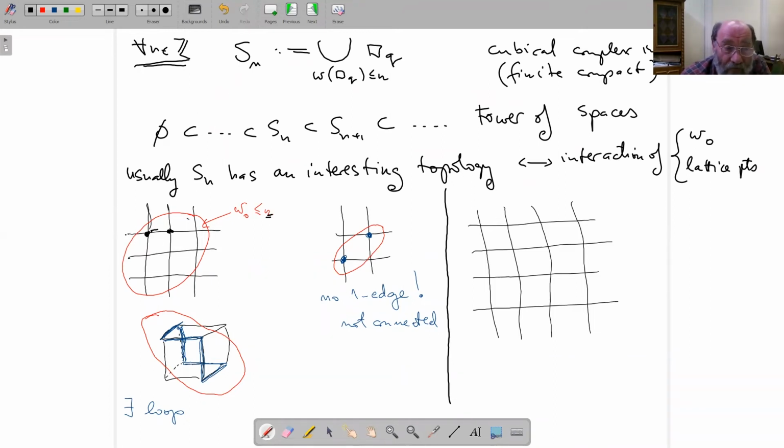If I have a segment and both endpoints have weight less than n, then I take the segment. Also for a 2-cube, if all the vertices have a weight less than n, we take the 2-cube also. And in this way, we will have a cubical complex, which is finite by the finiteness properties, so basically a topological space.